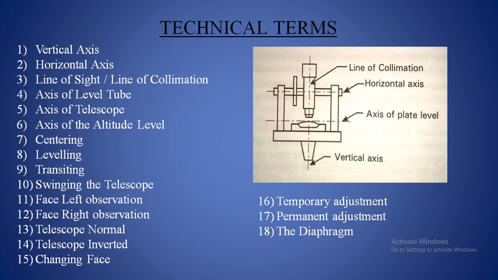So now face left observation and face right observation. Here you can observe in this picture, beside the telescope there is a vertical circle. The vertical circle is to the left of the telescope and the eyepiece is towards the viewer.